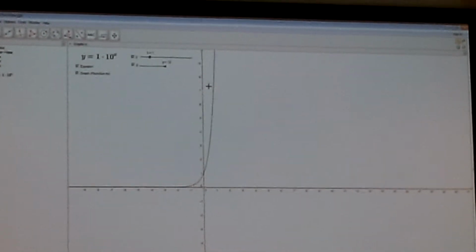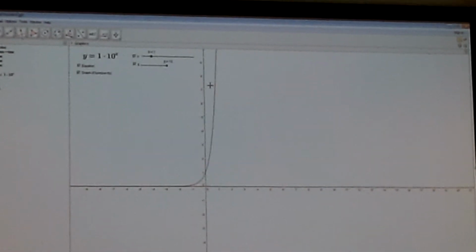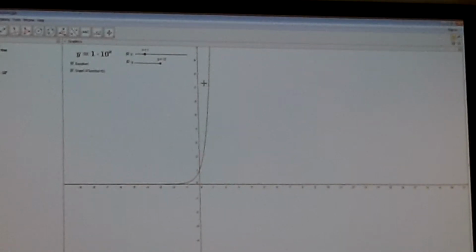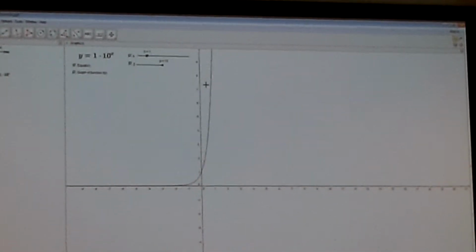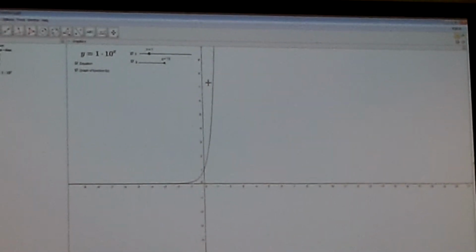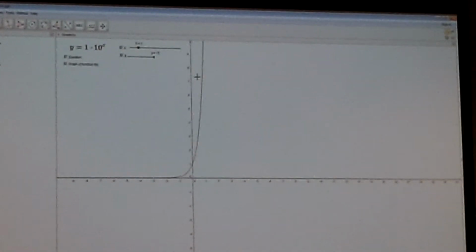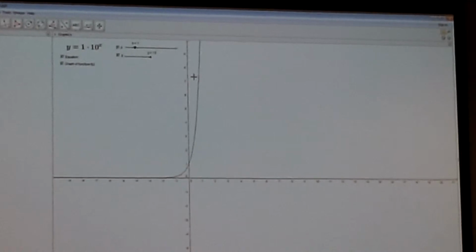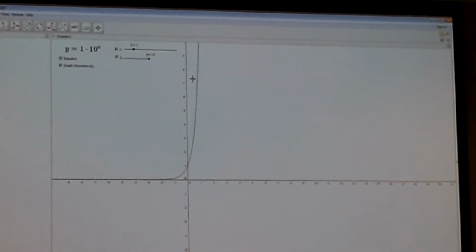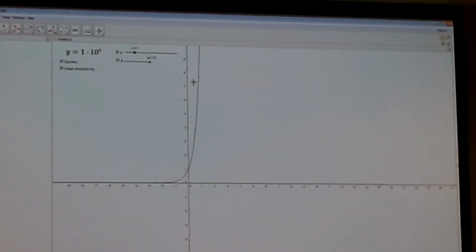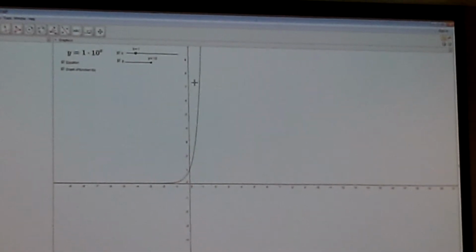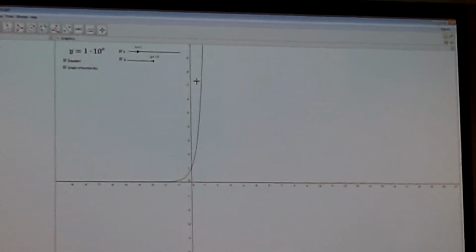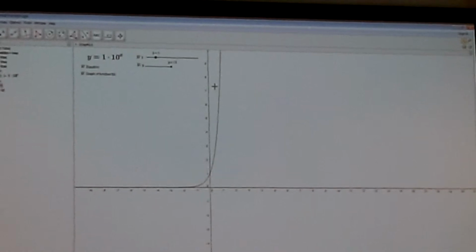All right, and the inverse of this would be what? y equals 10^x. Oh, we almost have it here from the beginning of class. In exponential form, if we write that in log form, what would this be?